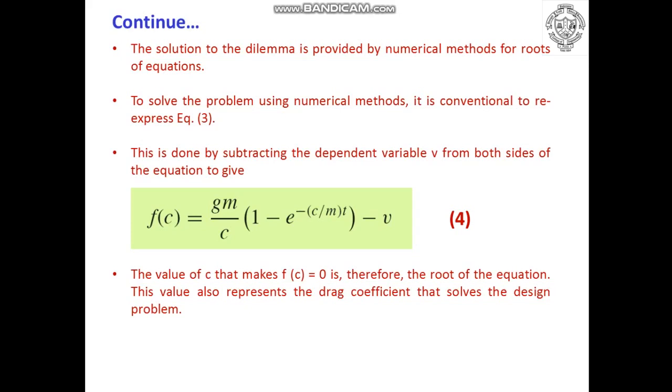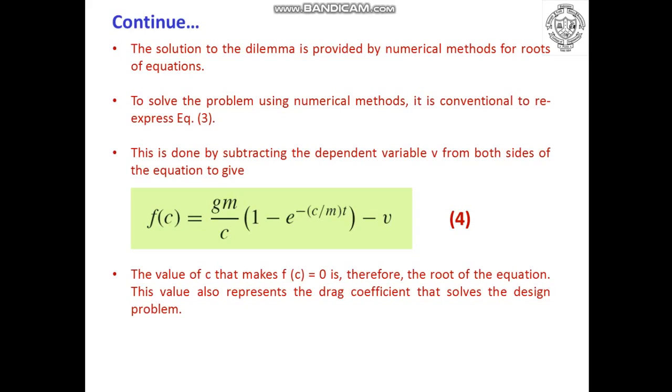It can be provided by the Newton-Raphson method, Regula-Falsi method, successive approximation method, or the bisection method. To solve this problem using a numerical method, it is conventional to rearrange equation 3 in such a fashion that the function of C can be expressed in terms of all other variables.